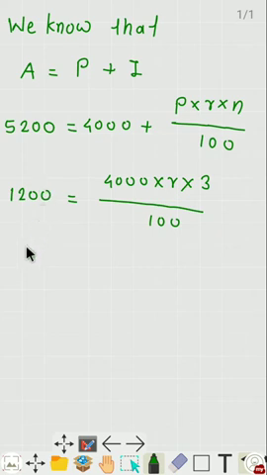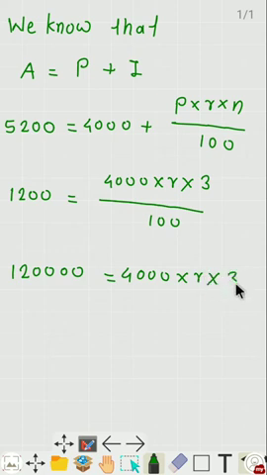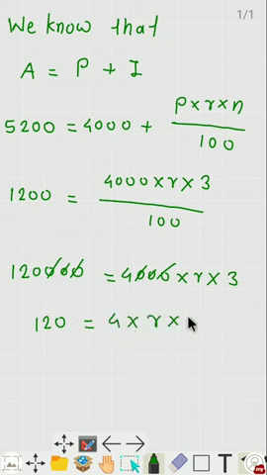Again shift that 100 on the left hand side, so 100 will multiply to this amount, and that amount will become 120000 is equal to 4000 into R into 3. Okay, so these 3 zeros will get cancelled with these 3 zeros. Now what is left is 120 is equal to 4 into R into 3.